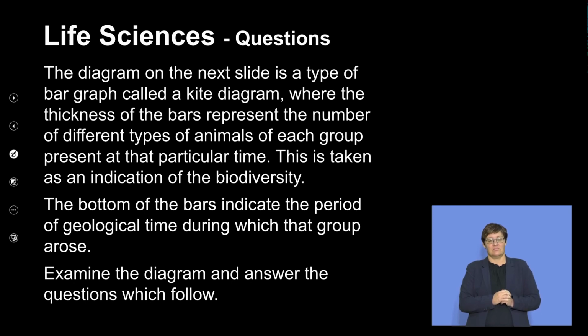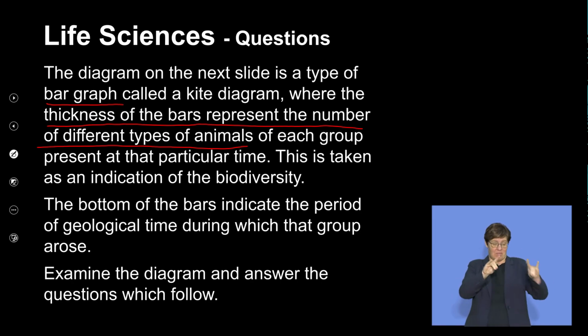Many of these questions have got quite a complicated introduction, but you just need to underline, okay, it's a bar graph, and the thickness of the bars represent the number of different types of animals. And the bottom of the bars indicate the period when that group arose.